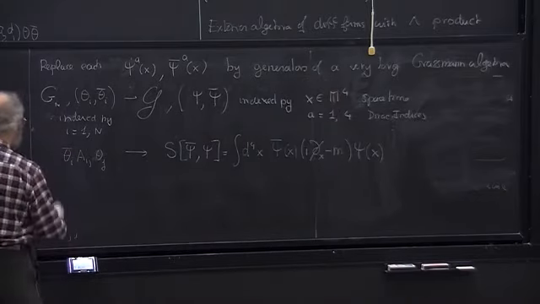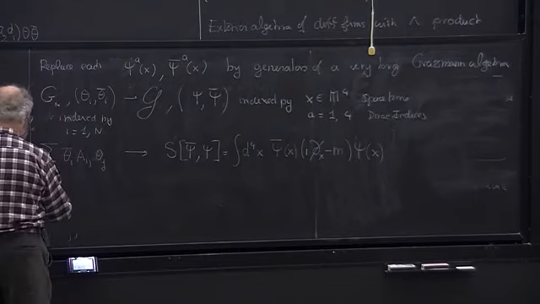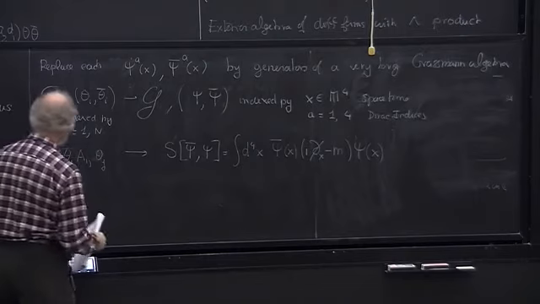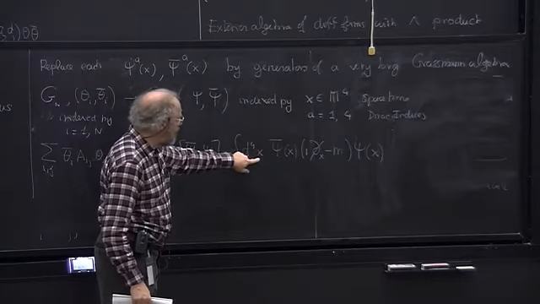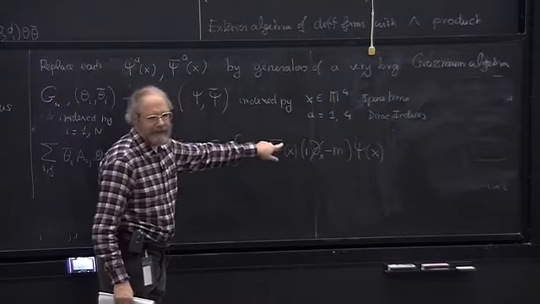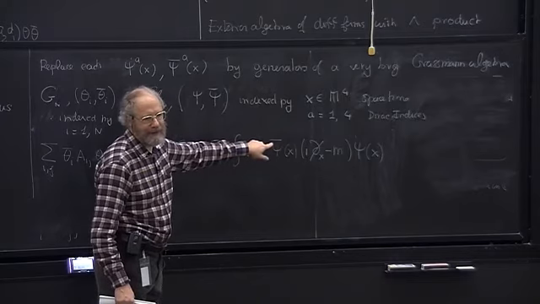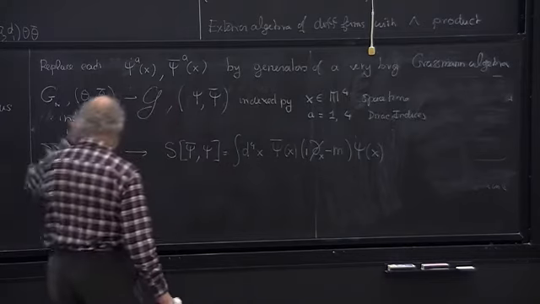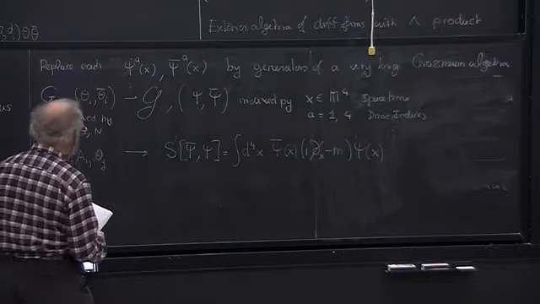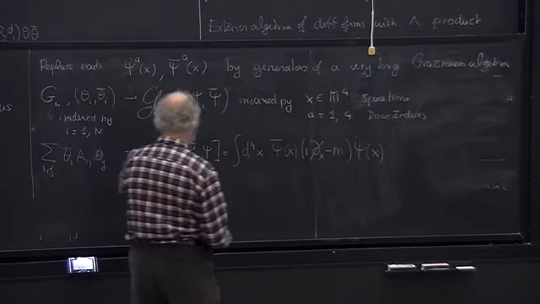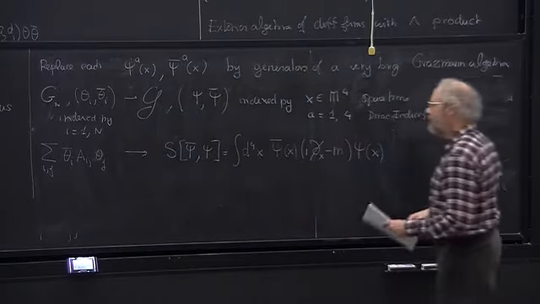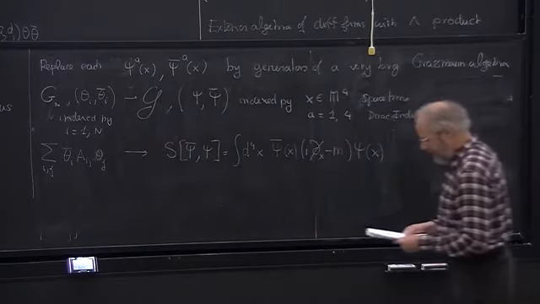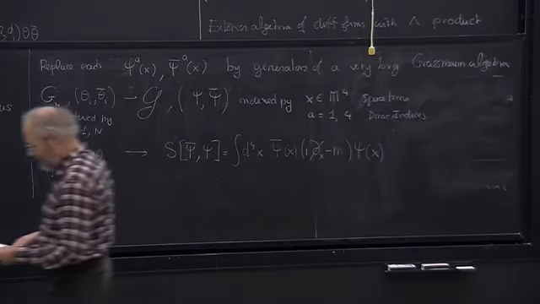You see, so here the sum over i and j is replaced by the integral over x, and in addition the sum over Dirac indices. Okay. So the sum over i is replaced by a continuous integral.